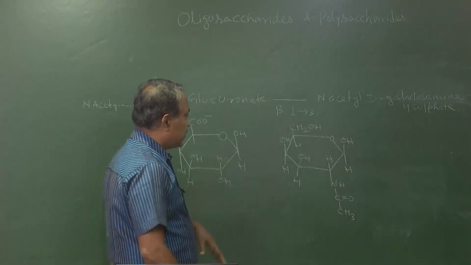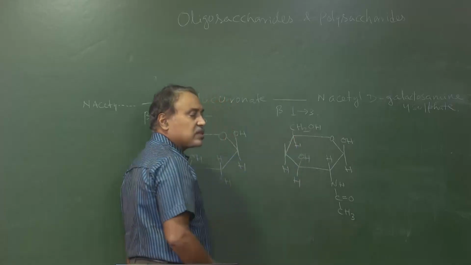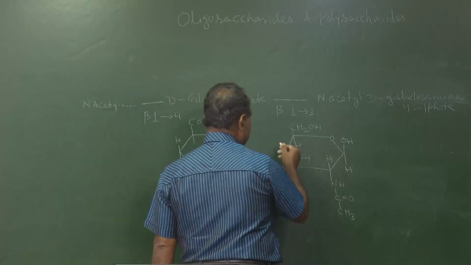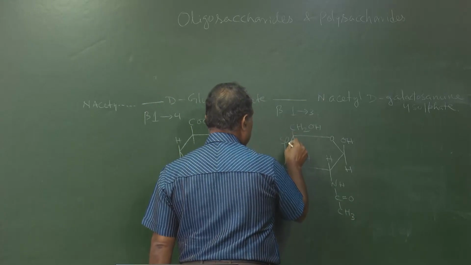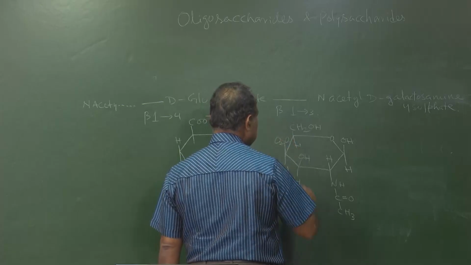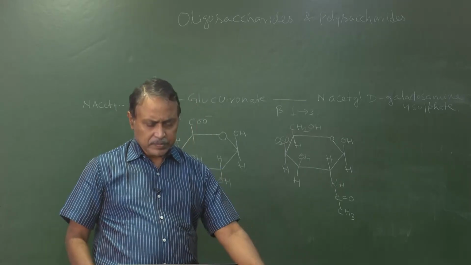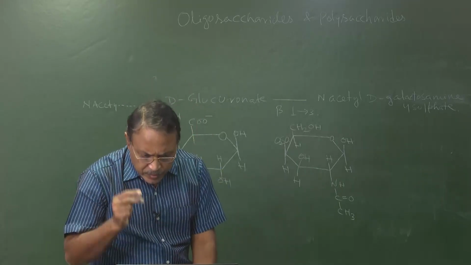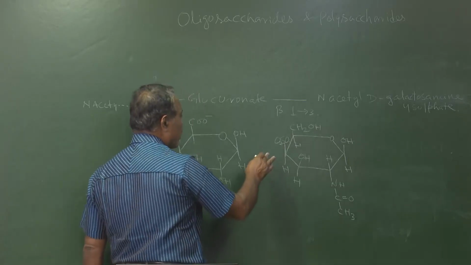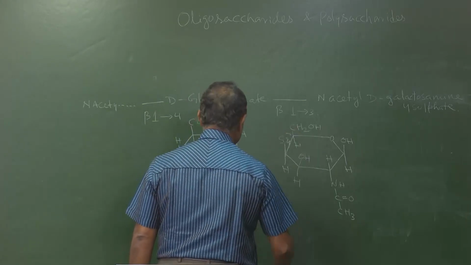Now 4-sulfate. So carbon atom 1, 2, 3, 4, at the 4 there will be the sulfate group. So we can put the sulfate group, SO4 2 minus.